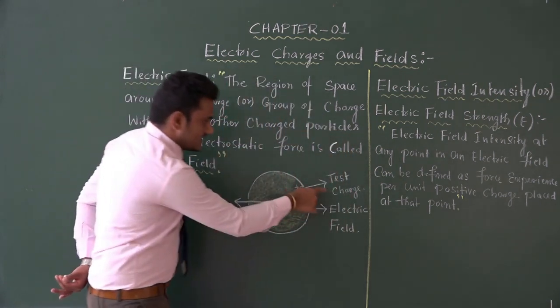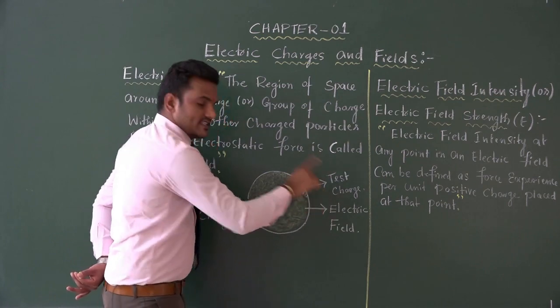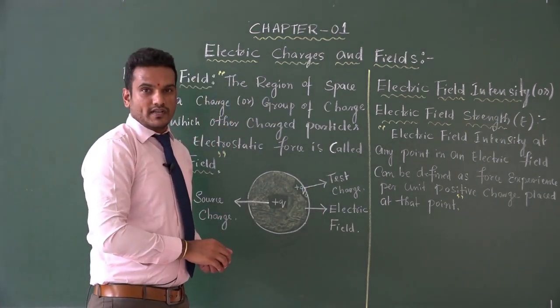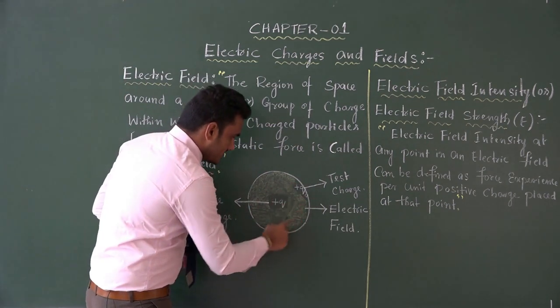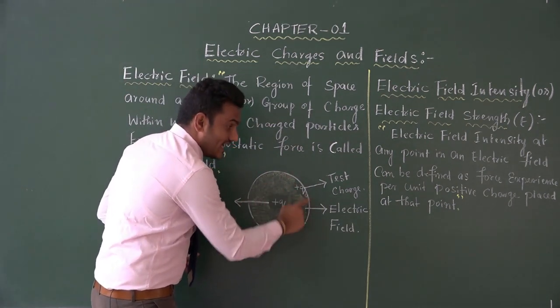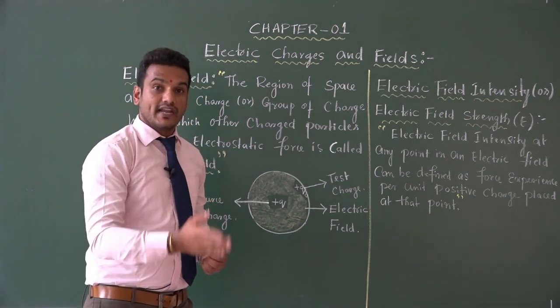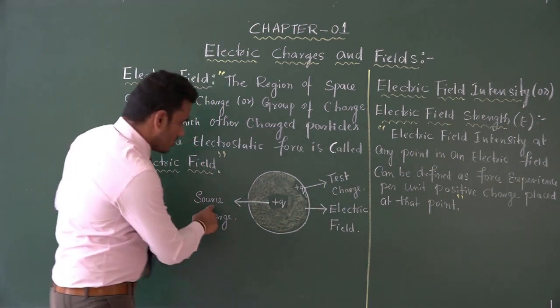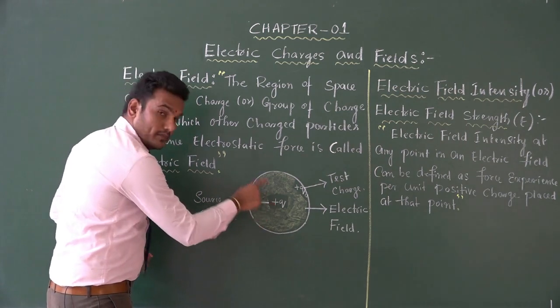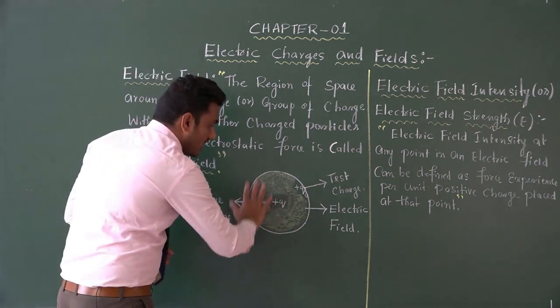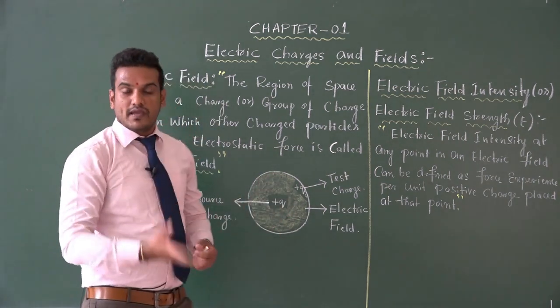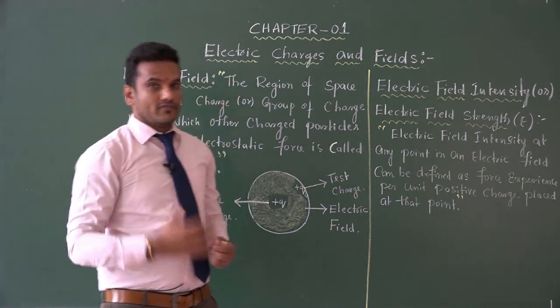A test charge is a small charged particle that experiences electrostatic force in an electric field. A test charge is also called a detector of electric field. Source charge means the point charge producing electric field around it. This source charge may be a point charge or a group of charges.